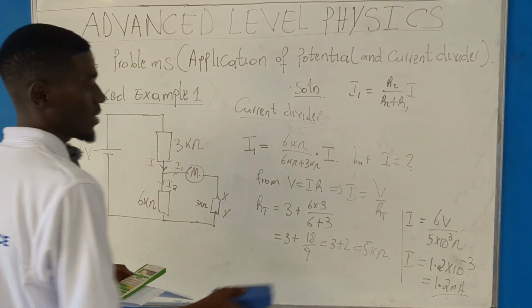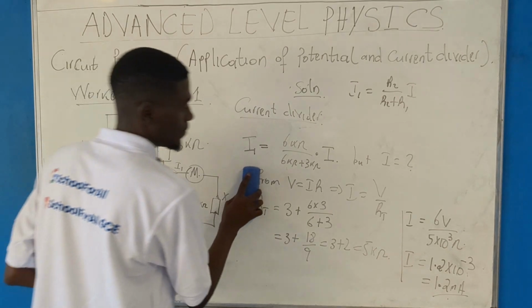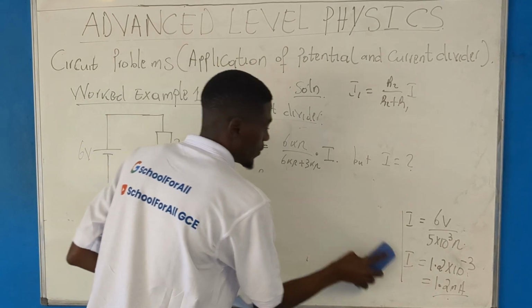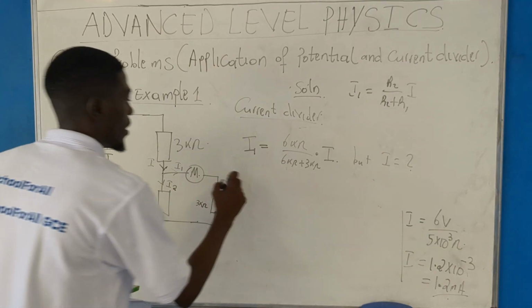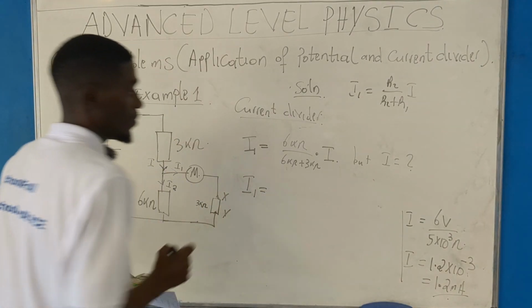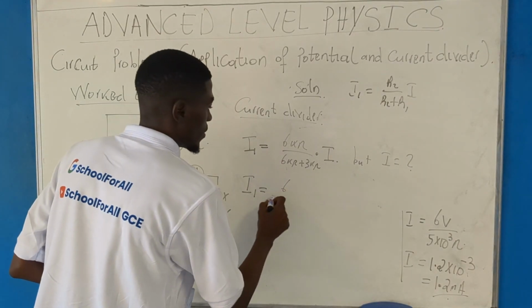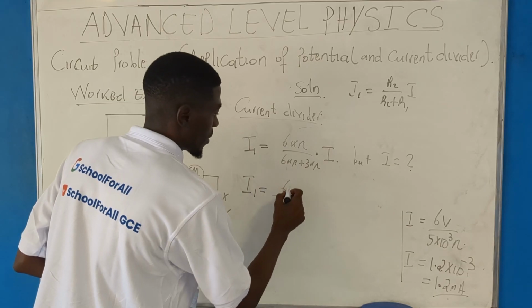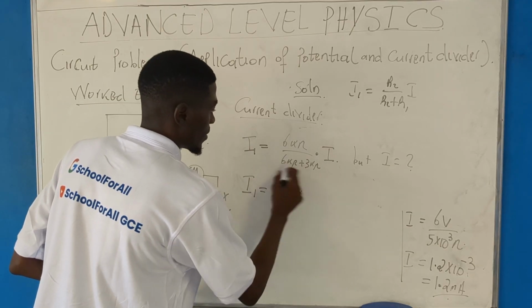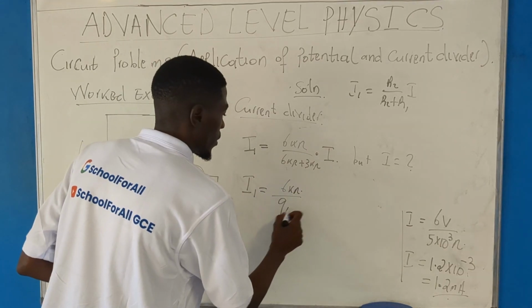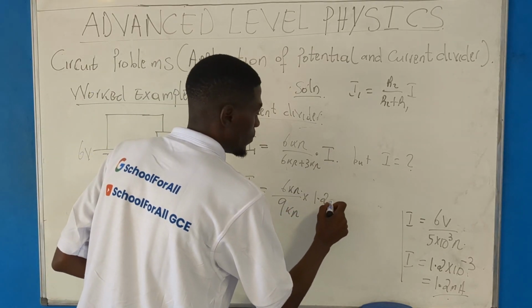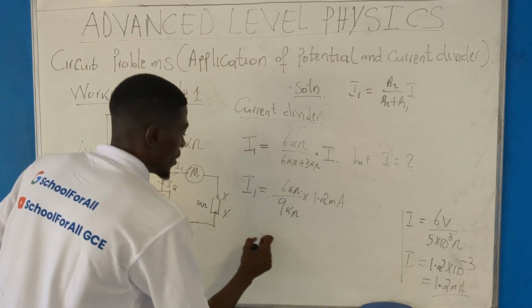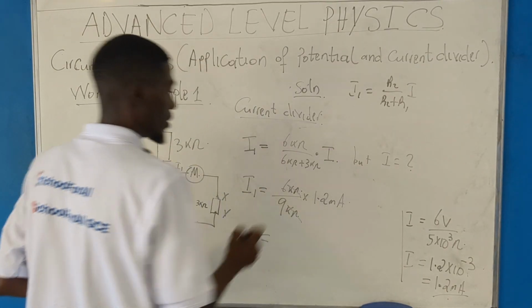Now with the value of I, we can rapidly find out the current flowing through the ammeter, and that current is I1. It will be simply equal to what? 6 kilo ohms over 6 plus 3, 9 kilo ohms times the current, which is 1.2 milliamperes. Now kilo ohm cancels with kilo ohm.